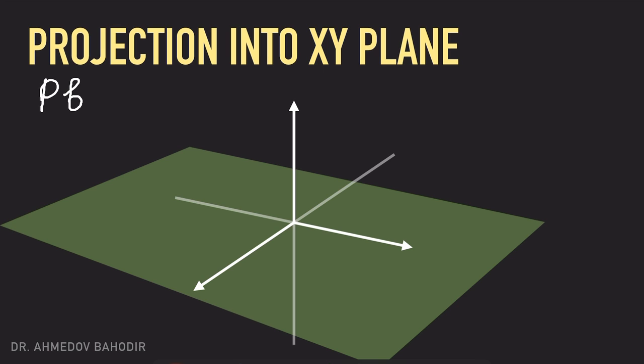So let's say we are given the xy plane, and we would like to find the projection of any vector onto this plane. If you're given some vector b, by just multiplying this vector b by this projection matrix P, we can obtain this yellow vector, which is going to be on this plane.